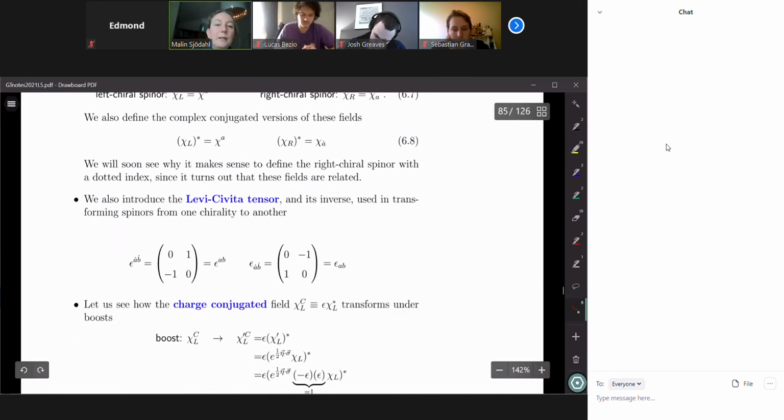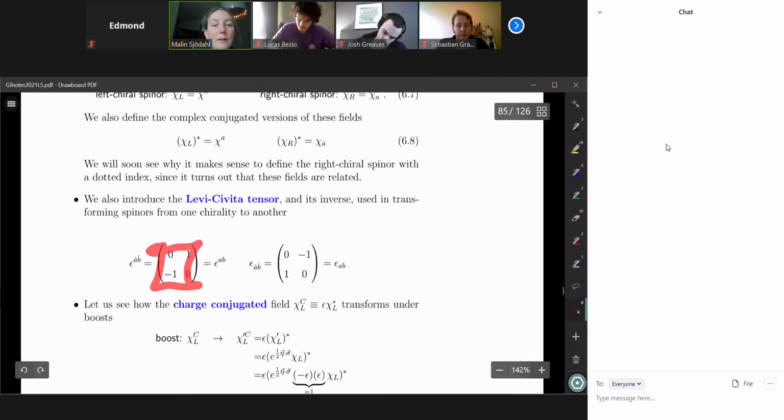However, upper and lower indices can be traded for each other with the use of the Levi-Civita tensor and its inverse. So epsilon with two upper dotted indices, or epsilon with two upper undotted indices, is this.